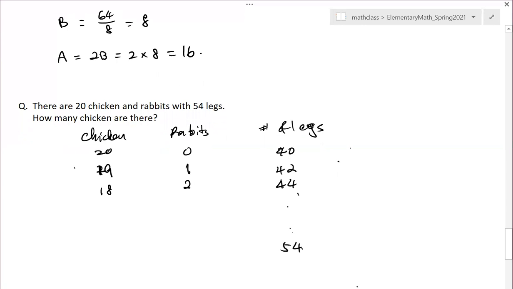So you have to figure it out, right? 44, okay? 54. 54 is going to be 40 plus 14.